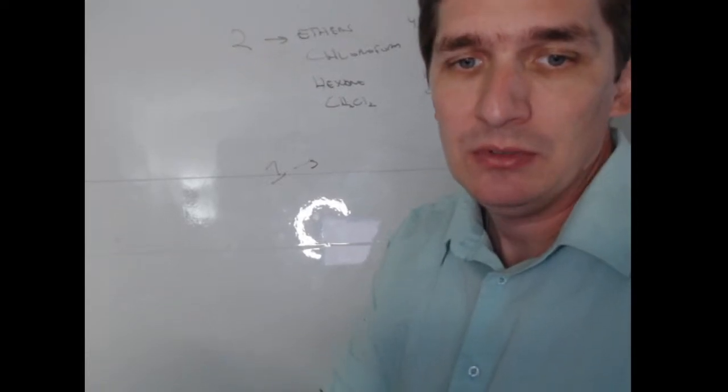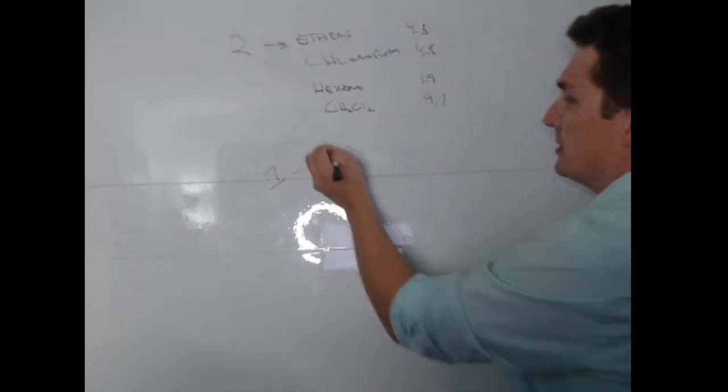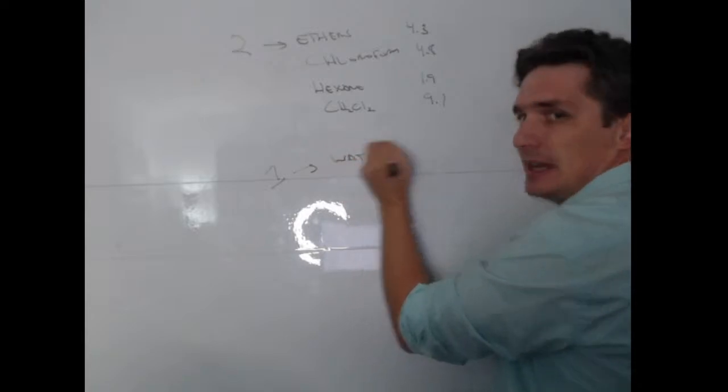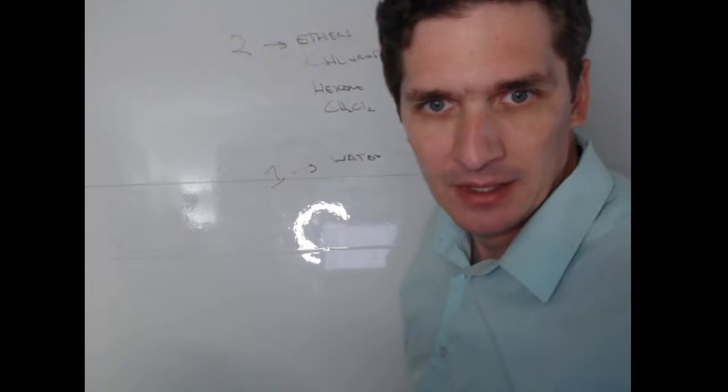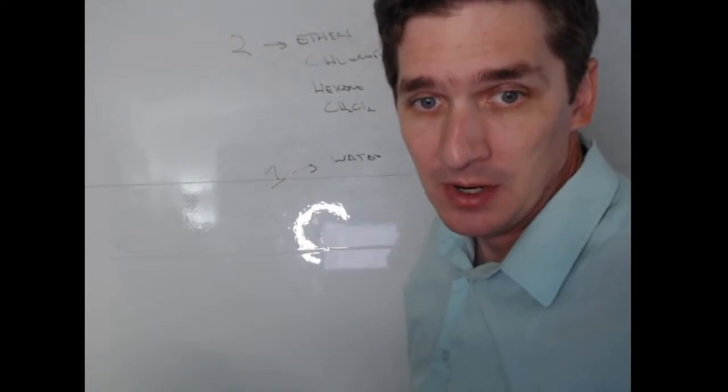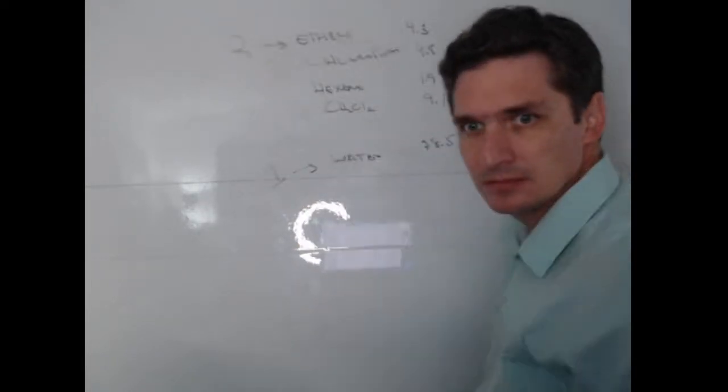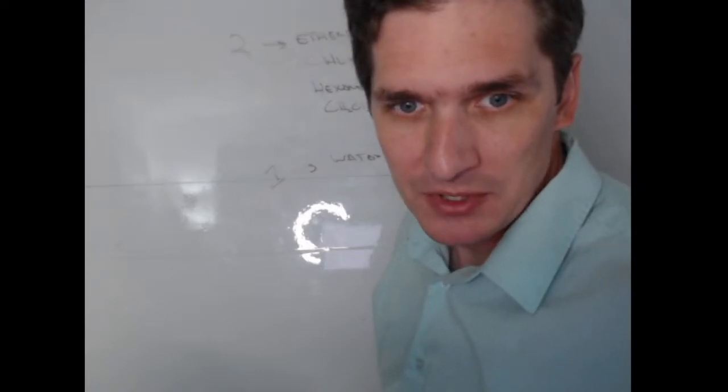So, when are you likely to have a bimolecular or a unimolecular pathway? Water, dielectric constant, 78.5. Where's some good ones? Propylene carbonate. Your protic polar solvents.